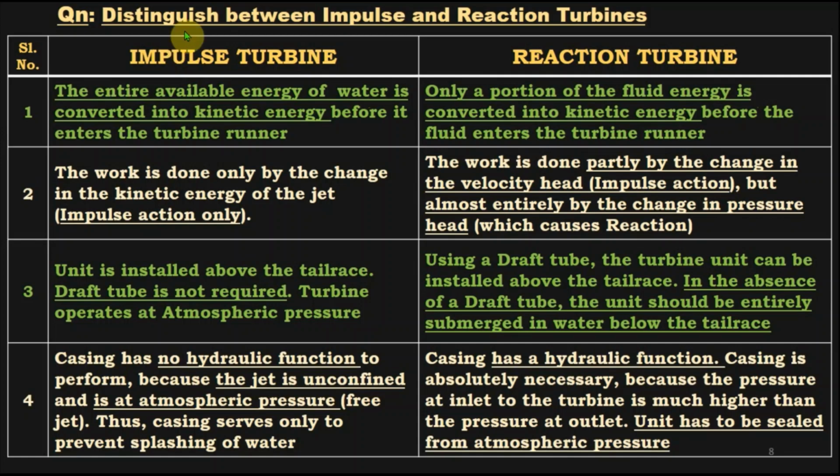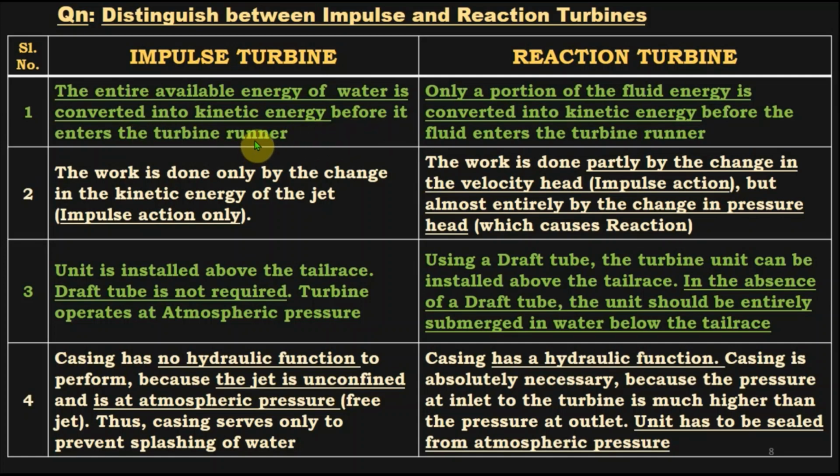Now we will discuss important differences between impulse and reaction turbines. In an impulse turbine, as we have seen in the case of the Pelton turbine, the entire available energy of water is converted into kinetic energy before it enters the turbine runner.